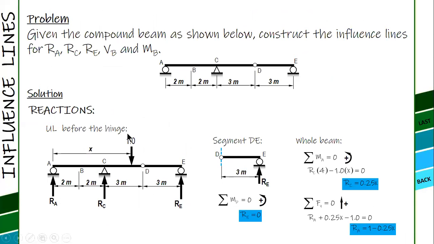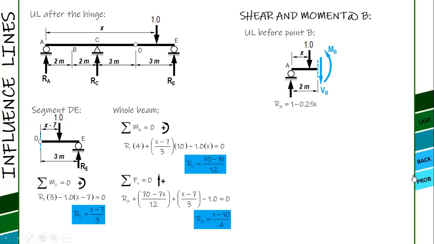Take note, before the hinge. So, before point B, and before the hinge, therefore, our RA is 1 minus 0.25x. After the hinge, it is this RA.